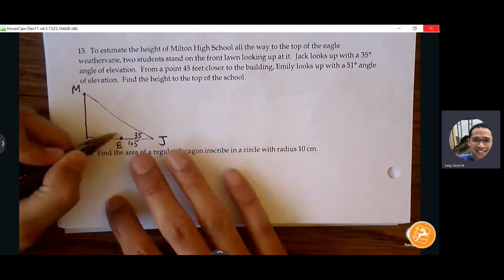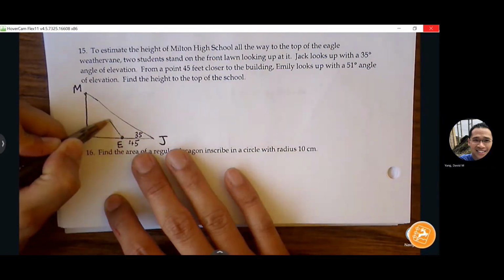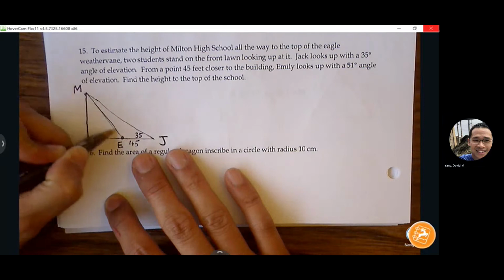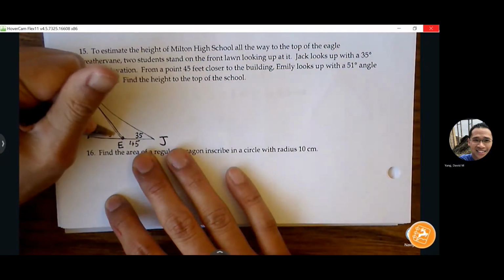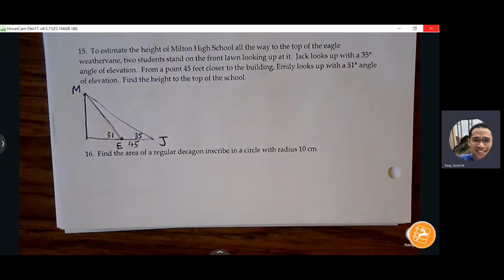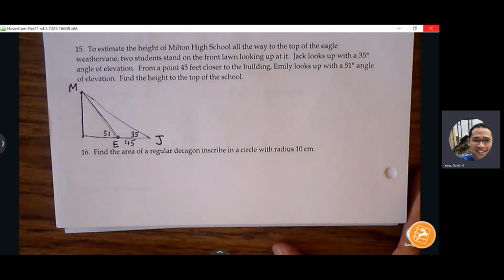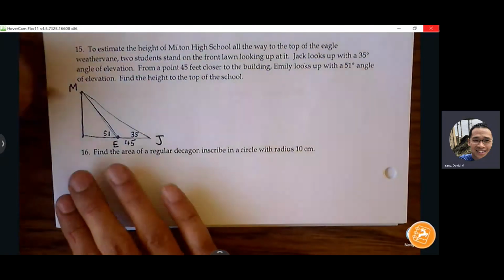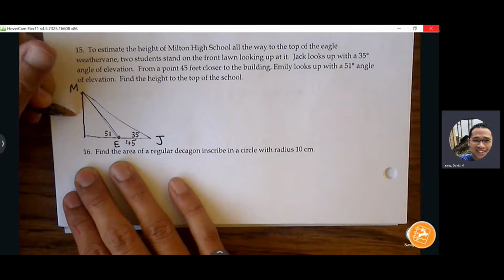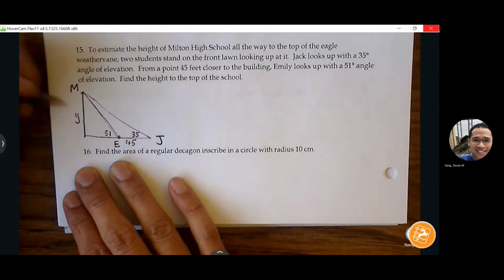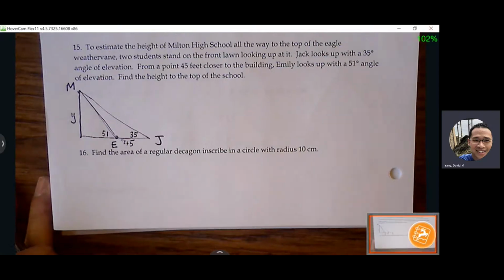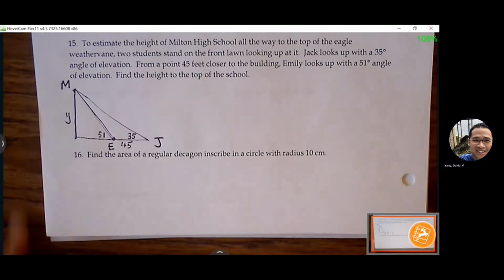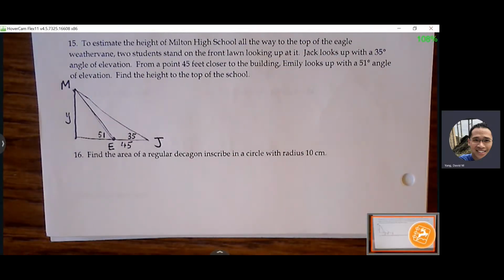But she's also looking up at the building. Her angle of elevation is 51 degrees. Find the height of the top of the school. Let's call this Y. Obviously on the test, you can choose any variable or letter you want to use, but for now, just use the one that I have.